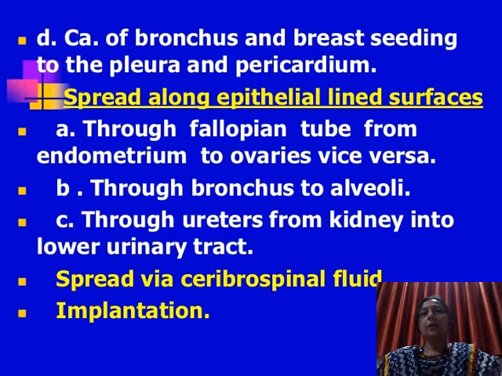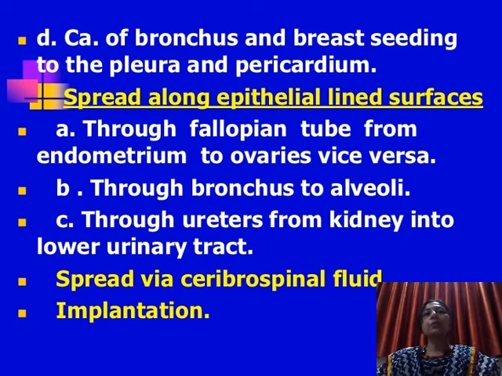That means through the fallopian tube, the carcinoma goes from the endometrium to the ovaries, or from the ovaries to the endometrium. Ovarian carcinoma goes through the fallopian tube to the endometrium. Cervical carcinoma goes into the endometrium to the fallopian tube.